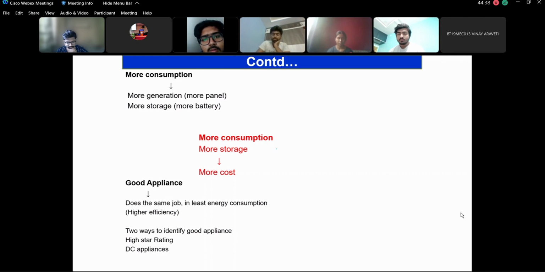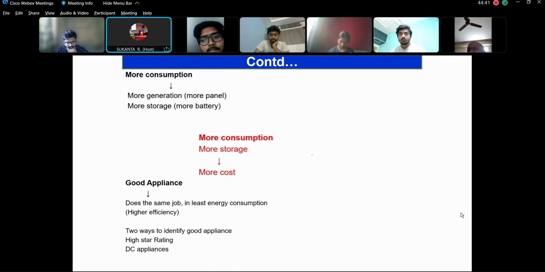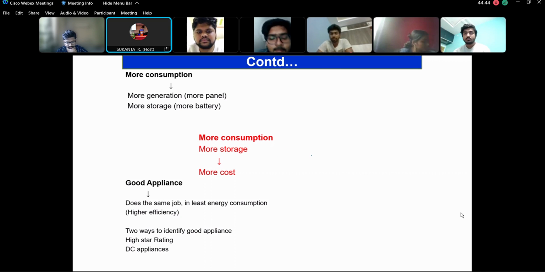So in the charge controller, the input will be DC and the output will be DC also. The typical sizes of charge controllers are something like 12 volt, 24 volt, 48, 120 volt, etc. Okay.